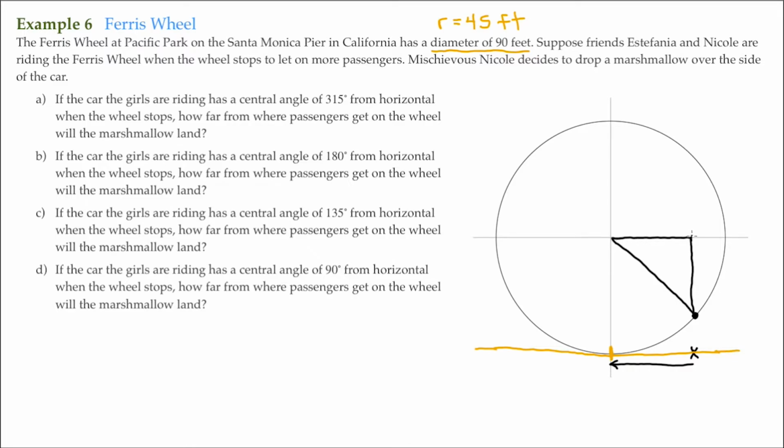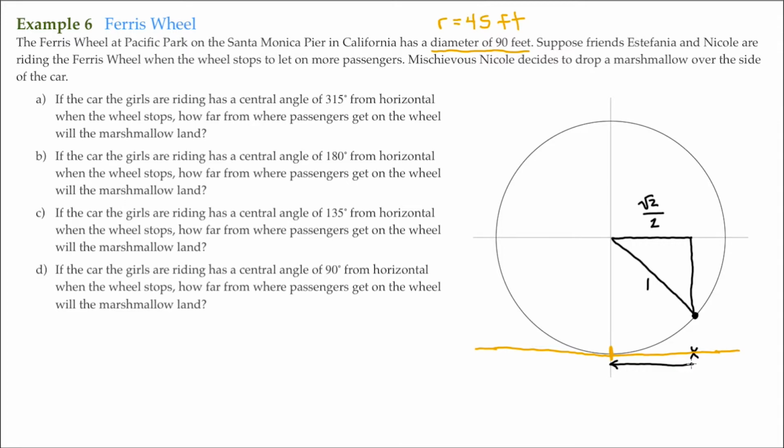And since this is a 45, 45, 90 special right triangle, this distance here is going to be the square root of 2 over 2. And of course, that's if this is the hypotenuse here, the radius here is 1 unit. And of course, we know that it's not. It's 45 feet, or 45 units, but 45 feet.